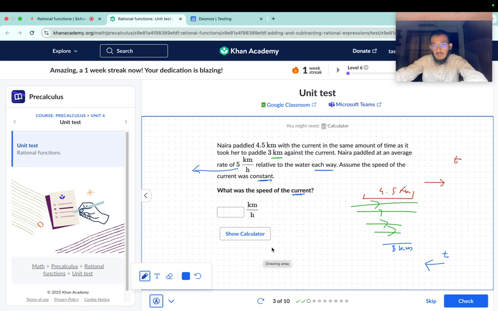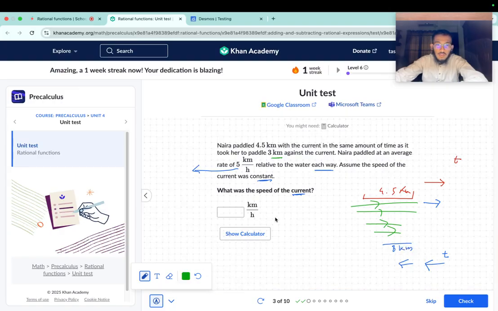So that is the reason relative to the water each way, while she was going in the same direction as the current and also against the current. That's why she was able to paddle less distance when she was traveling opposite to the current.